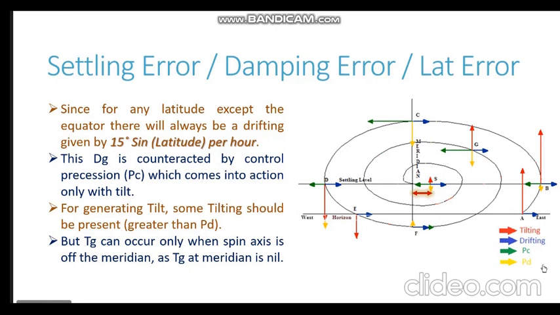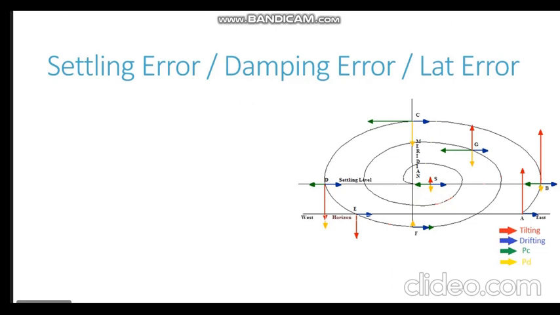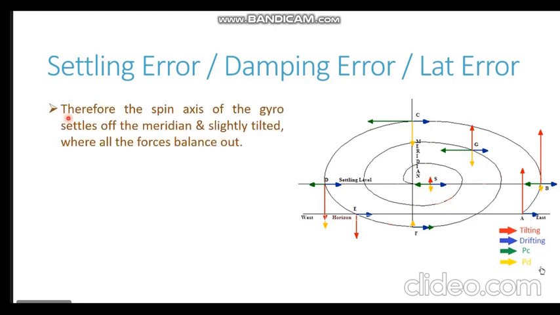So we need some azimuth for tilting to be present. Since some azimuth is required, because of this reason, the spin axis of the gyro settles off the meridian and slightly tilted, where all the forces balance out.